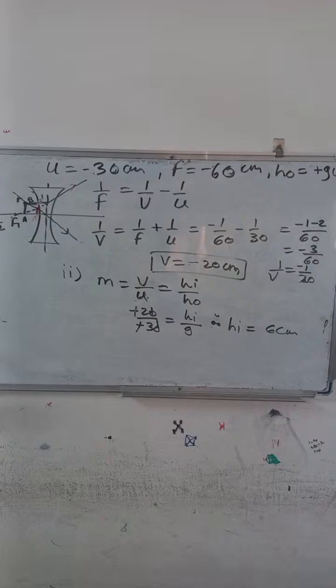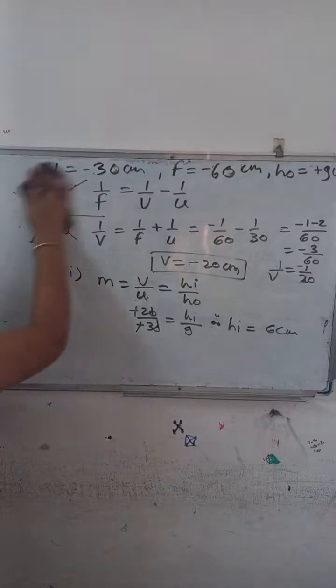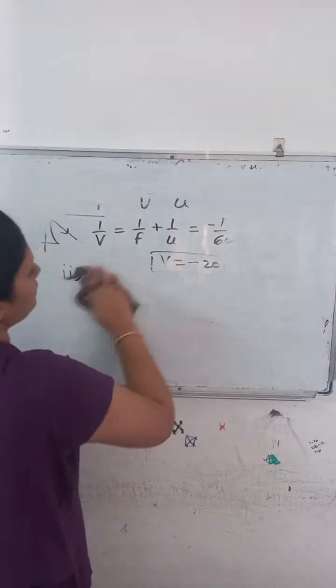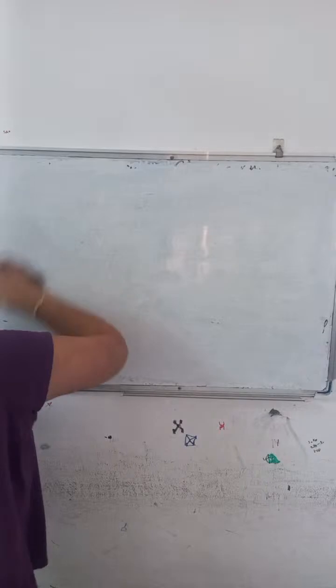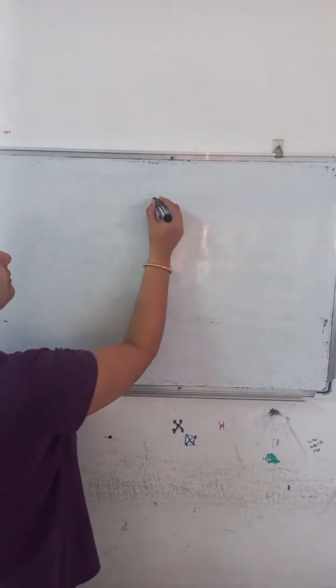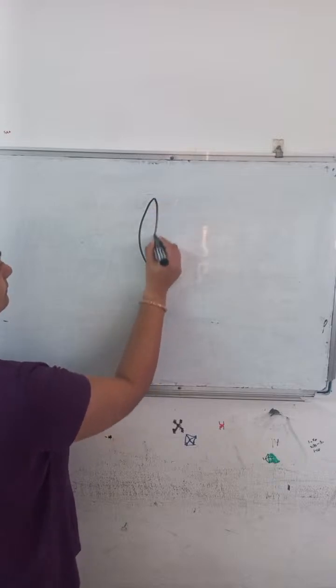Okay, so here the ray diagram to show the formation of image by a convex lens. Just now we did many problems on concave. Now the convex case. You must know how to draw the convex lens. So this is your convex lens.